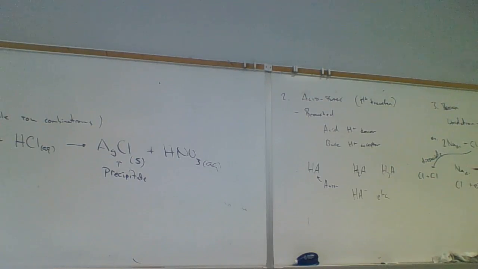So that's a little bit tricky. There's something called OIL RIG. Have you heard of OIL RIG? Maybe not. OIL RIG. OIL stands for oxidation is loss of electrons. RIG is reduction is gain. And so here sodium is losing electrons. We'll call that oxidation here on the top. But sodium is undergoing oxidation, but sodium itself is not the oxidizer.